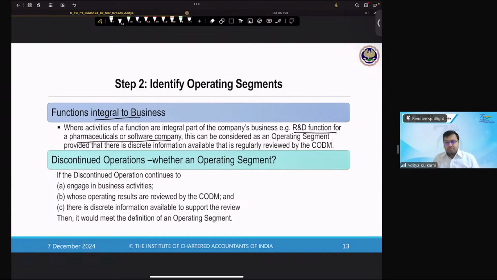Answer is no. Acha, will the R&D center's cost always be an intangible asset? Tell me, you people have studied Ind AS 38? Yes, sir.